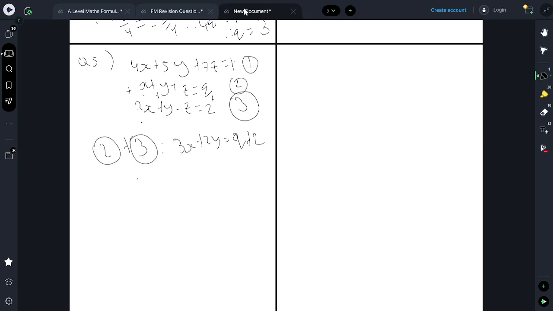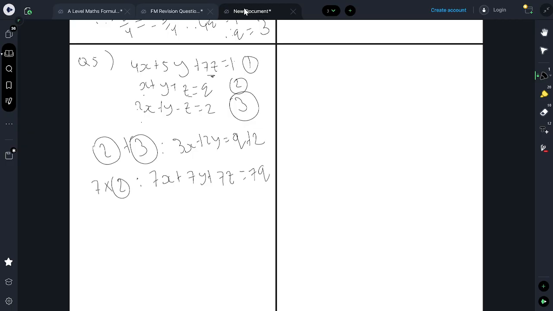Now I need to eliminate z from 1. There are two ways I can do that. I can either substitute z equals directly into both of them to just get x and y, or I could subtract. Notice that this is 7z in equation 1, and this is z. So if I multiply equation 2 by 7, that would be 7x plus 7y plus 7z is 7q.